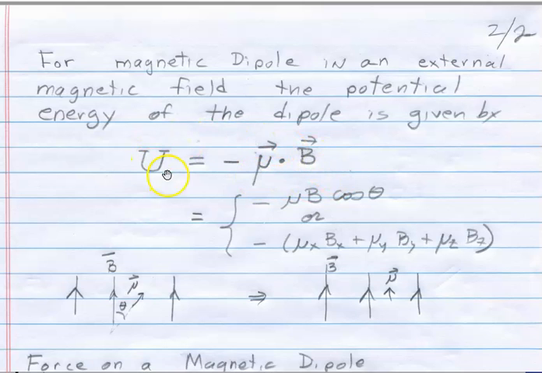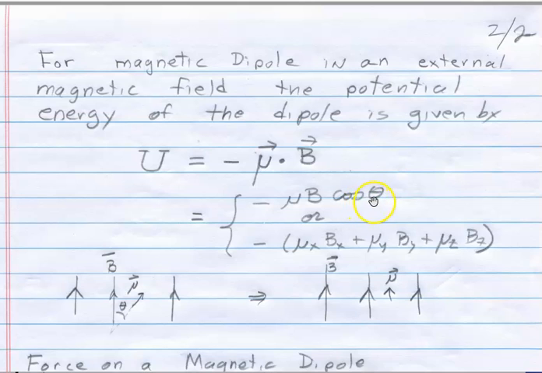The net effect of this is nature always likes to go to its lowest possible energy state. And if you look at this, particularly in terms of theta, the energy is smallest when the cosine of theta is the largest. So when cosine of theta, the largest it gets, is 1, then the lowest possible energy for this configuration of a dipole in an external magnetic field is just minus mu times B, because the cosine of 0, when they're totally aligned, is 1.